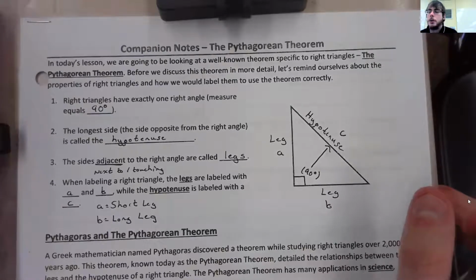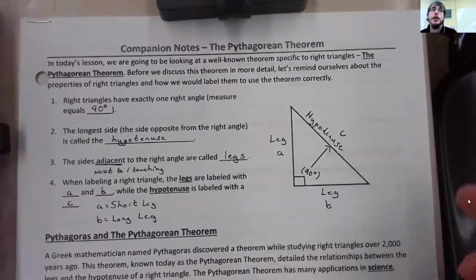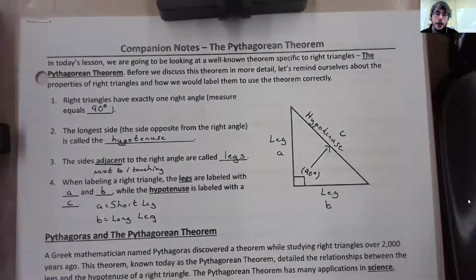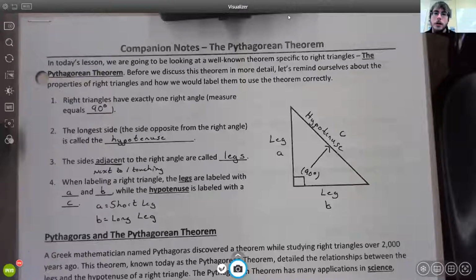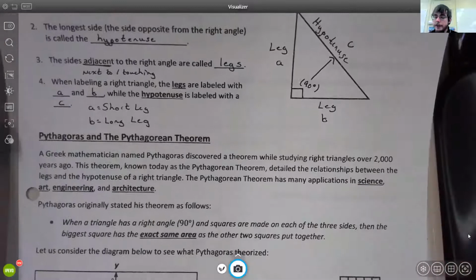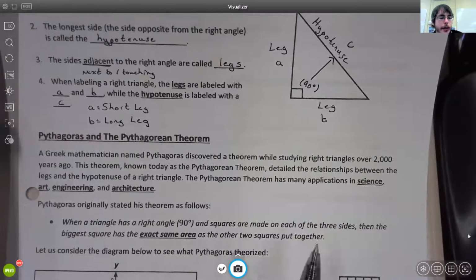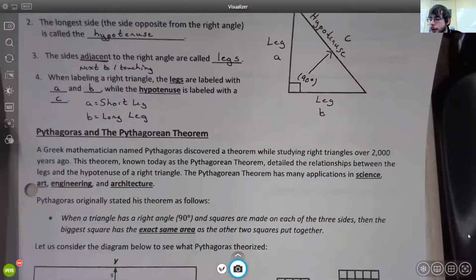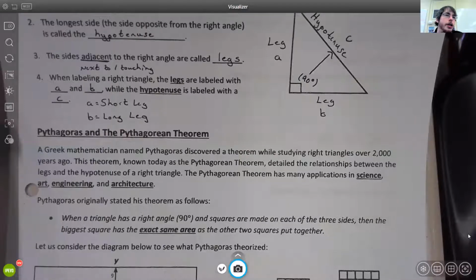So as some of you might be asking, what's the purpose of the Pythagorean theorem? Well, the Pythagorean theorem has a lot of applications in science, art, engineering, and architecture. For example, it's used a lot when cutting trees to make sure that they won't fall on houses and things like that.